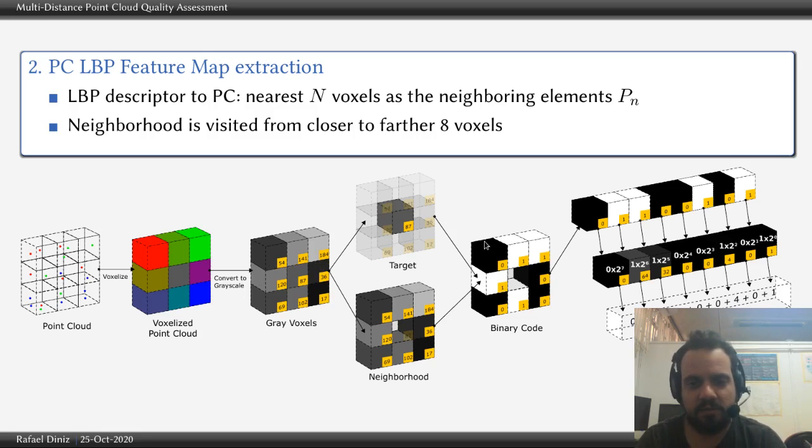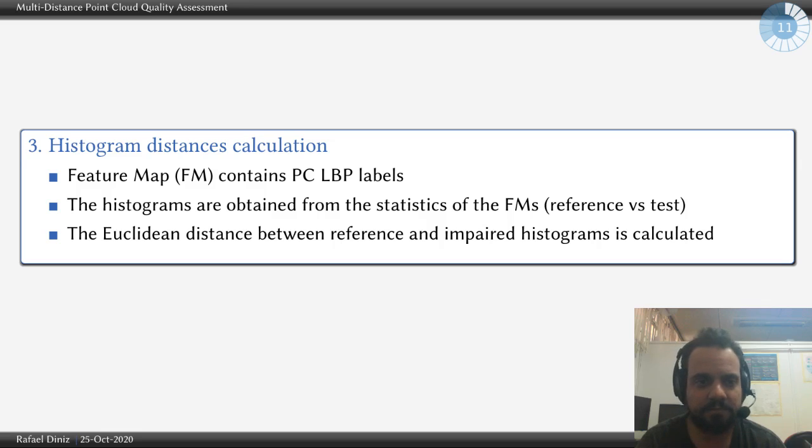I just do more or less what is done in the 2D LBP, but visiting the voxels from the closer to farther away to set the labels. So after the feature map creation, we get the statistics of this feature map, that is the histogram of it.